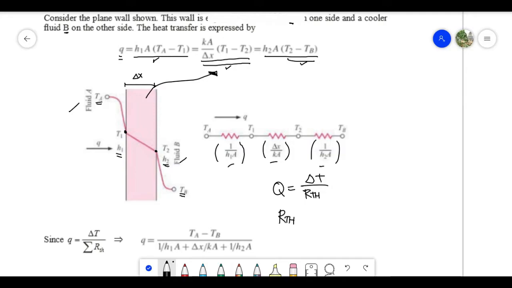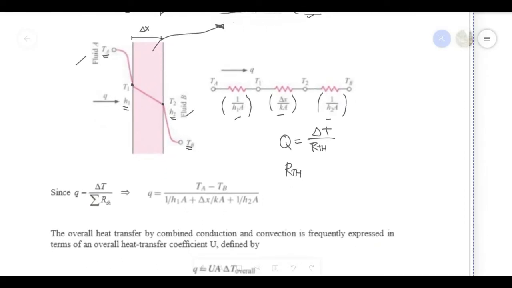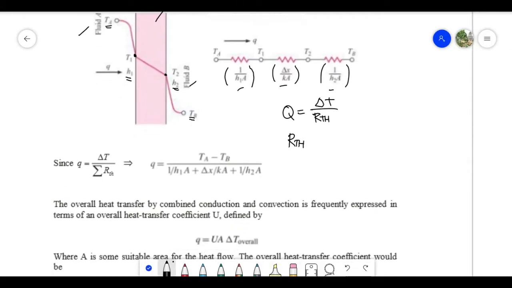So the total thermal resistance would be 1 over h1 A, plus delta x over kA, plus 1 over h2 A, written on this side. You can see the denominator is the total thermal resistance.